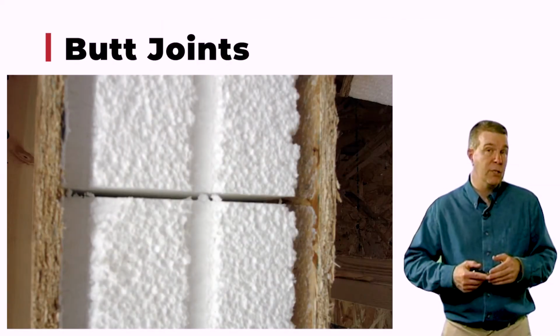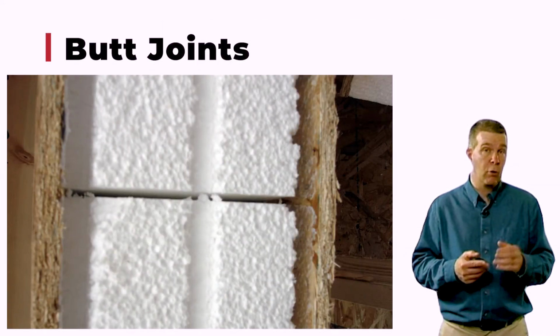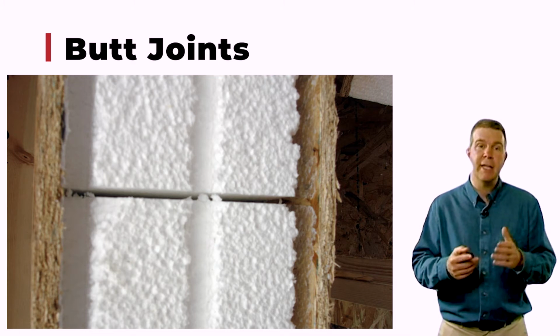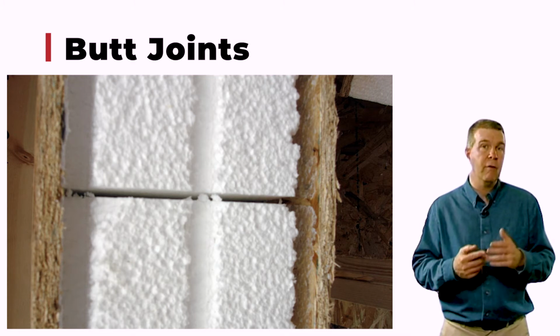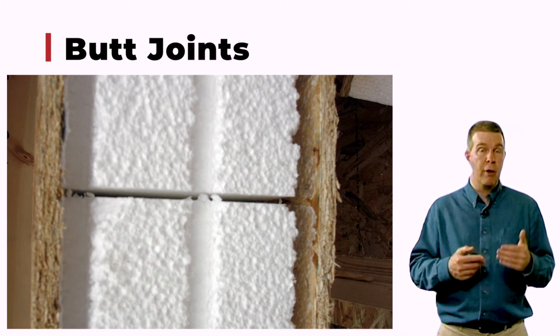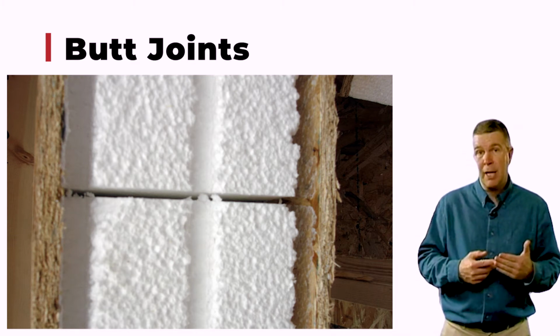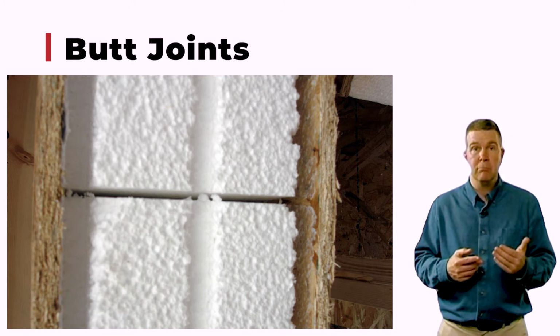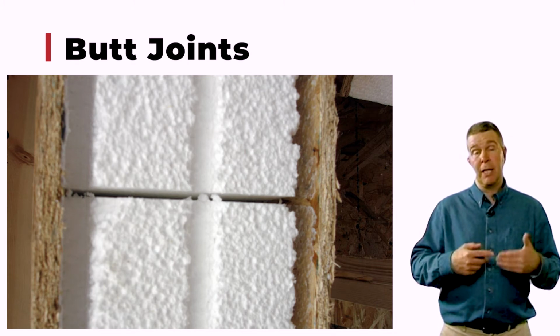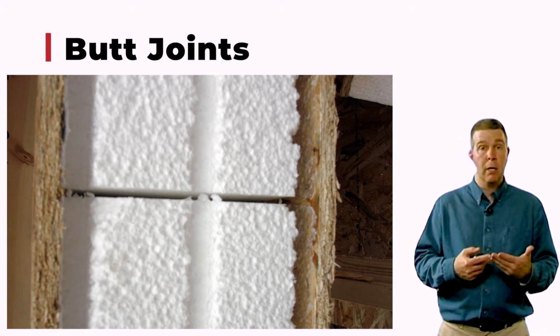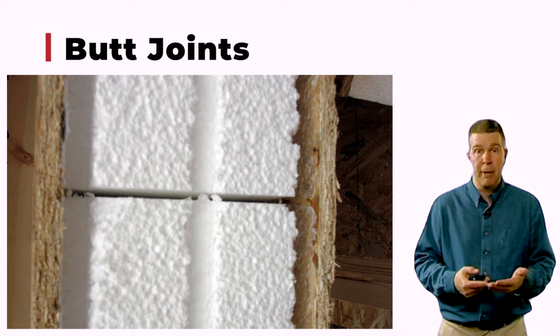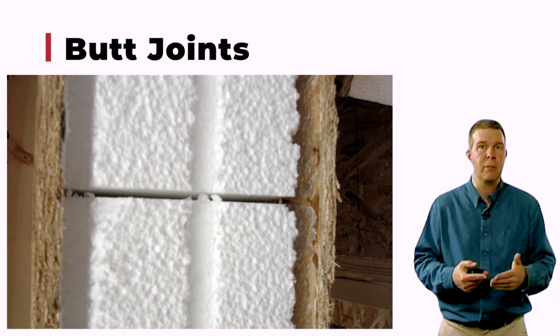Here's something that has the potential for allowing air movement or creating a thermal void, and that is a butt joint. The butt joints of jumbo panels that are made up of EPS foam, when they're not put together tightly, have a little crack. Hopefully this is held together nice and tightly. With some of the newer automated machinery that's used to manufacture panels, we typically don't see something like this.